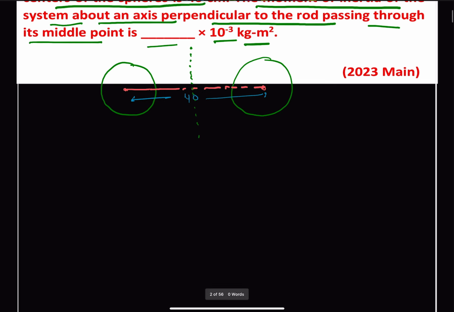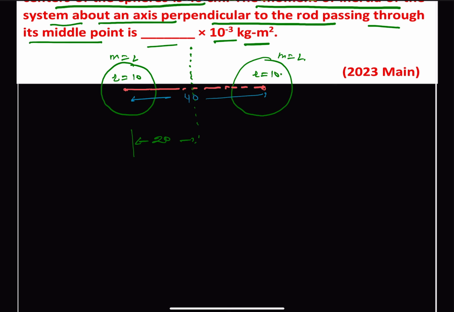So from one end, this will be 20 centimeter, and mass is given to us as 2 kg. Both have the same mass, and the radius is also the same. This is about 10 centimeter, and here also the radius is about 10 centimeter.